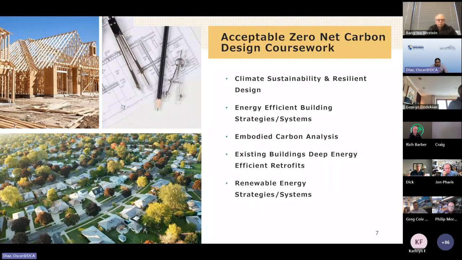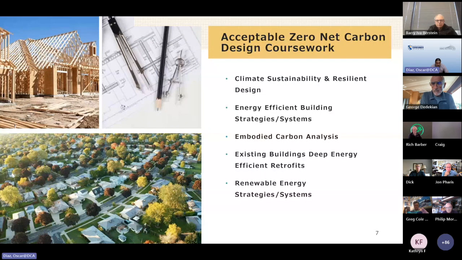Above you will see examples of acceptable coursework for zero net carbon design. All coursework topics, subject matters, and course materials shall be pertinent to the practice of architecture and related to the code provisions of an architect's professional services relating to zero net carbon design.